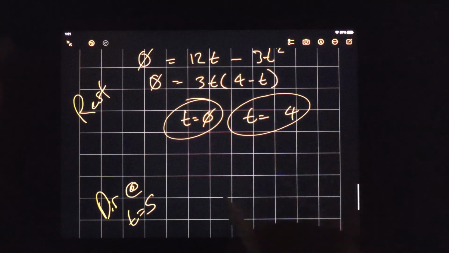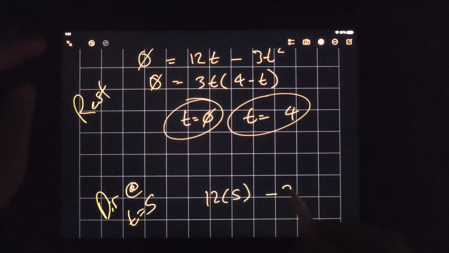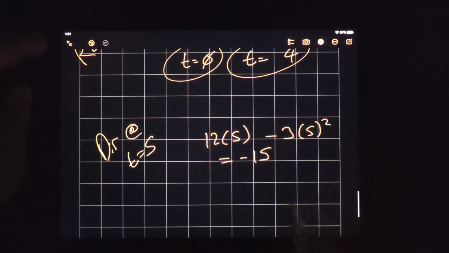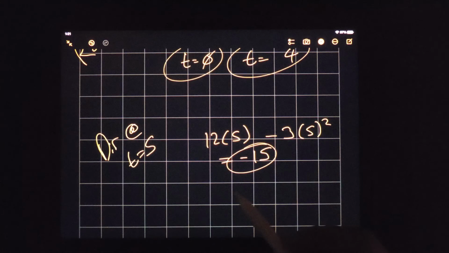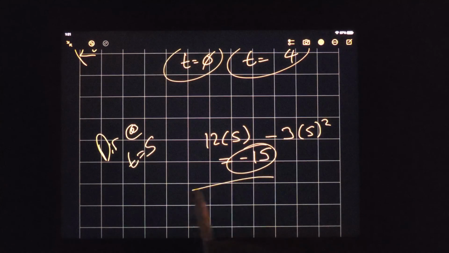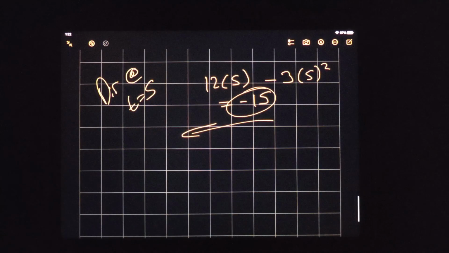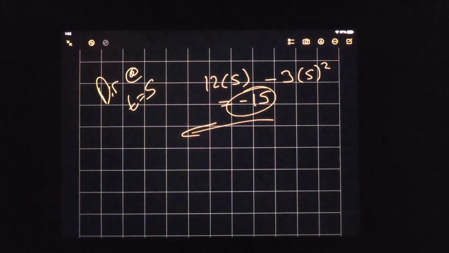So if you plug in 5 into there, 12 times 5 minus 3 times 5 squared, that should give you negative 15. So when you see a negative 15 velocity, that just tells you that it's moving in the negative direction. And you'll learn more about that in the vector section of calculus. So what else can we do?